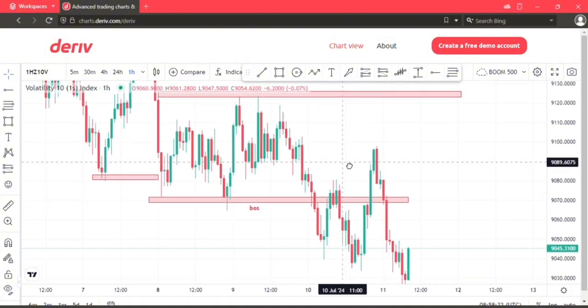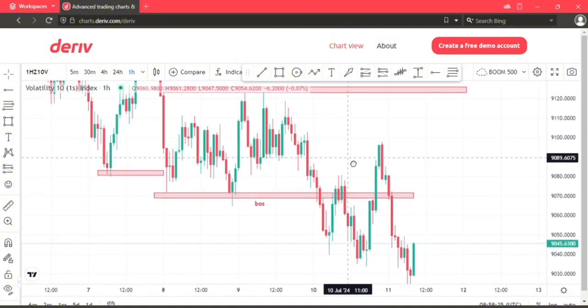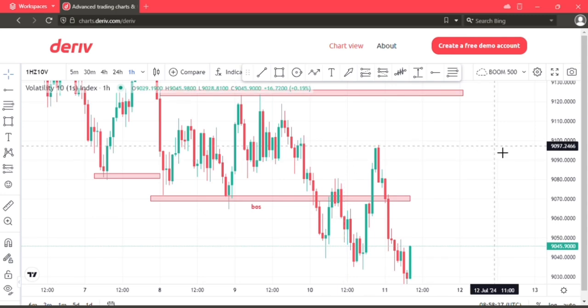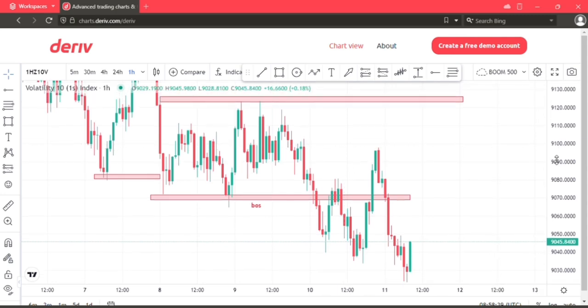The market will reverse back into the break of structure. That is when you are going to be using your Fibonacci retracement. So after the market has entered into our break of structure again, let's use Fibonacci retracement right here. Place it at the lower high right here. Where is our last low?